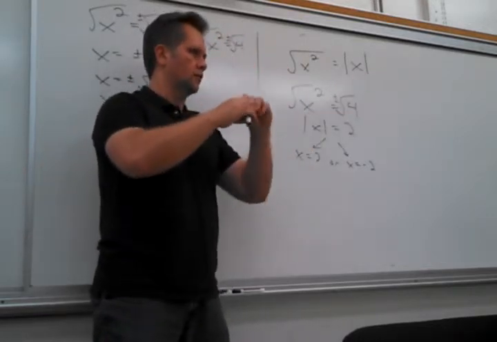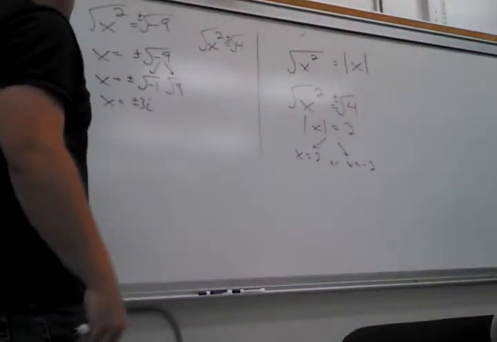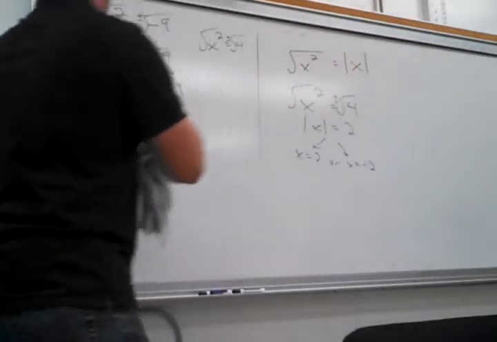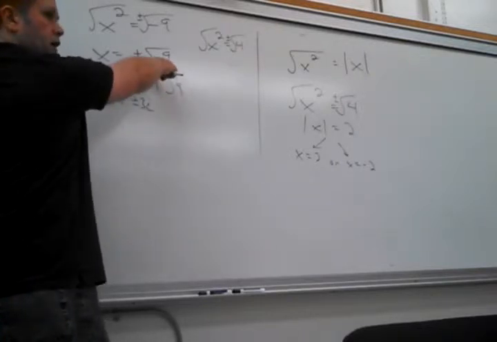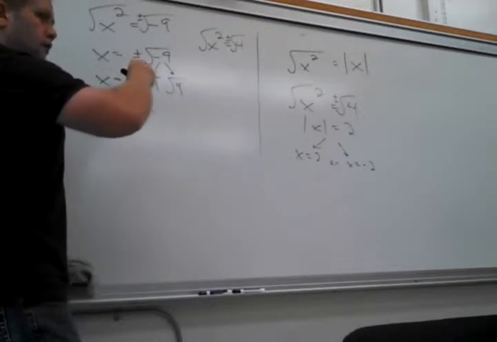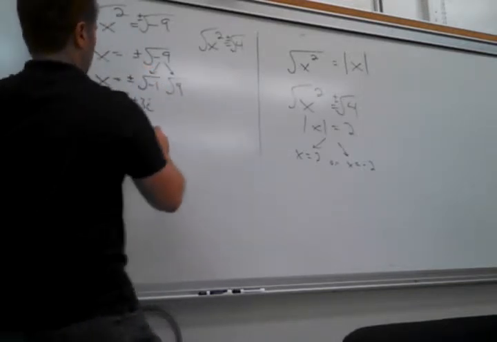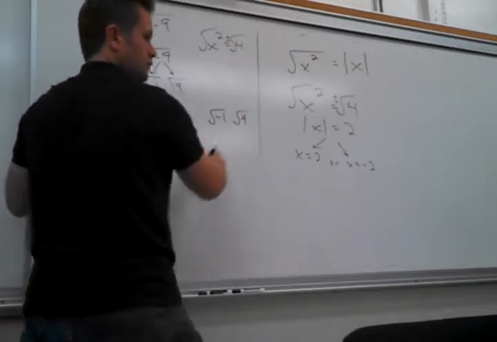Yes, ma'am? Going back there, why do you have square root of -1 and then square root of just 9? Because what is the square root of -1 times 9? Negative 9. Square root of -9. So I can break that up. I know what the square root of -1 is, and I know what the square root of 9 is.